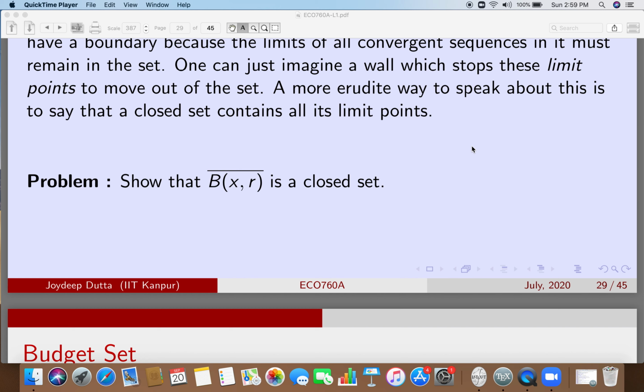So what you do is take a sequence xk which converges to some x star. Each xk is an element of the closed ball B(x, r) closure. So the norm of xk minus x is less than or equal to r. Now you have to prove that the norm of x star minus x is also less than or equal to r.